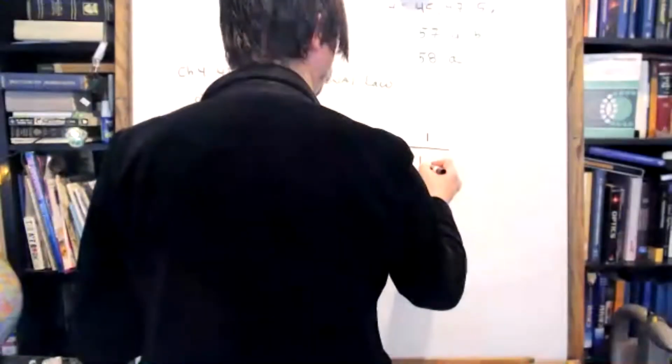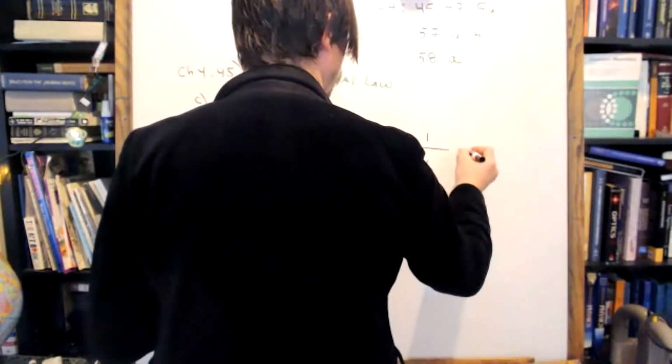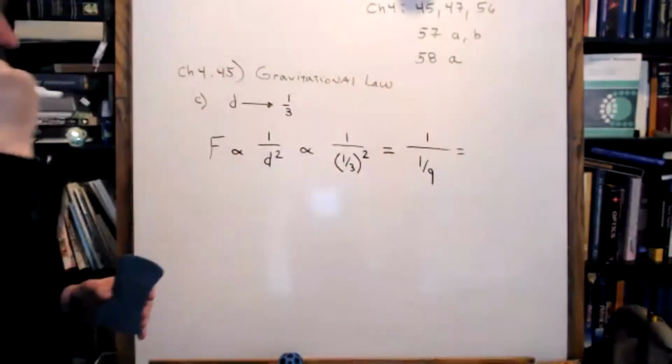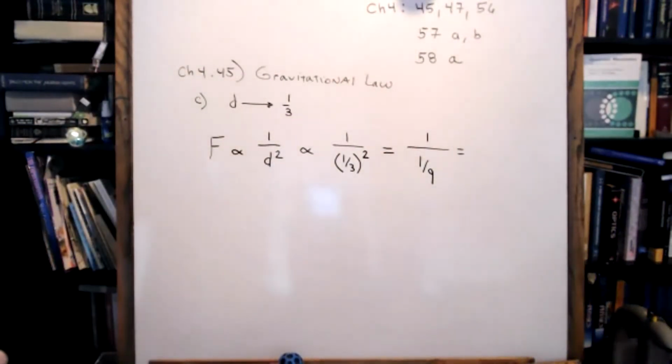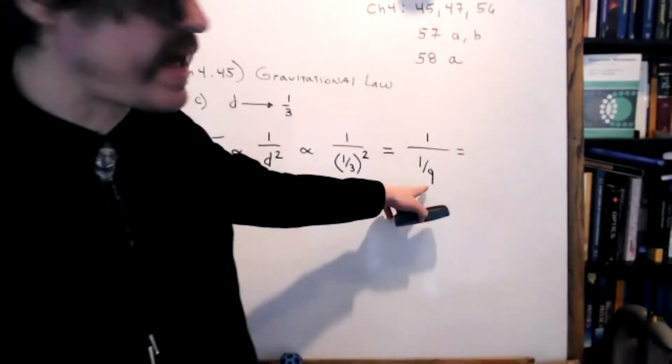That's right. And what does that reduce to? What is 1 divided by 1/9? Is it 9? That's right. The bottom of the bottom is the top.